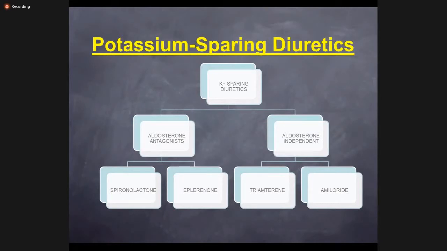So especially in that situation, we are required the use of powerful diuretic. What do you mean by powerful diuretic? The diuretic that can remove excessive fluid in a short period of time.